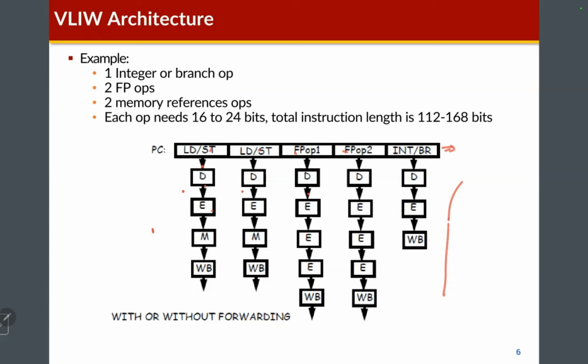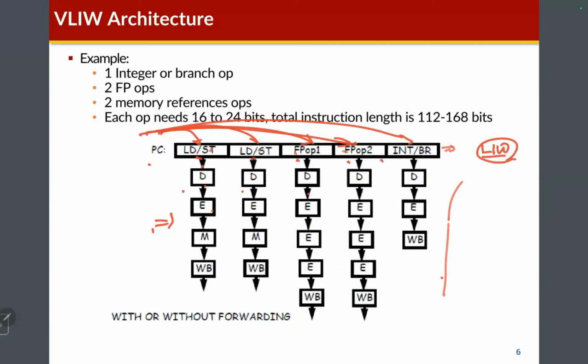So this hardware is very simple. It's a simple 5-stage pipeline architecture assigned to different types of instructions. The compiler assigns instructions to each slot of a very long instruction word.